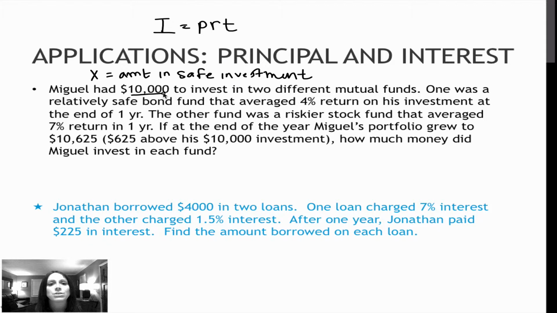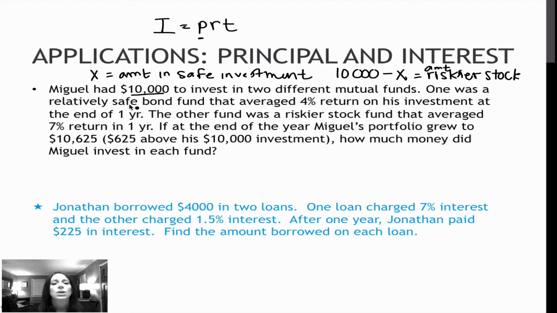Now, $10,000 is Miguel's total. So if he puts X into one account, then 10,000 minus whatever he put into this account is what's left over for the riskier stock. Those are my two principals: X in the safe investment, and 10,000 minus X in the riskier stock.